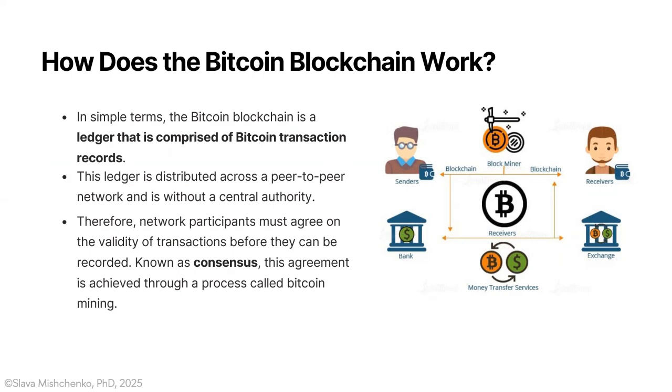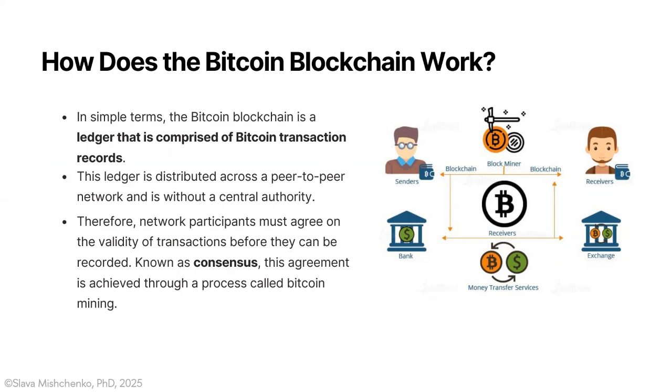For example, in my experience teaching this concept, students often ask about the role of traditional financial institutions. So as you can see in the lower part of the diagram, while banks and exchanges are parts of the ecosystem, they are not controlling the transaction process. Instead, they're interfacing with the blockchain network just like other participants.